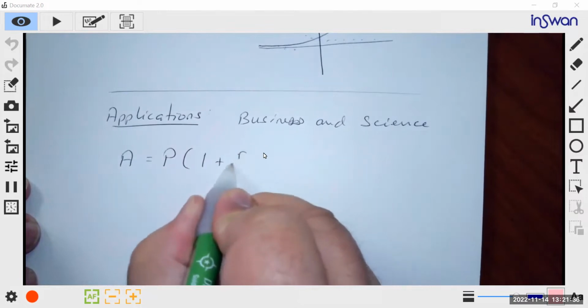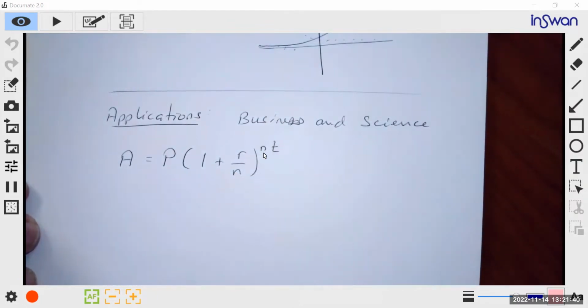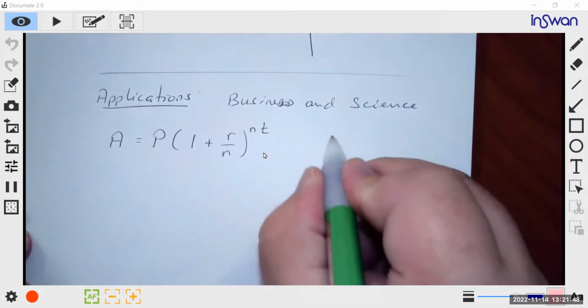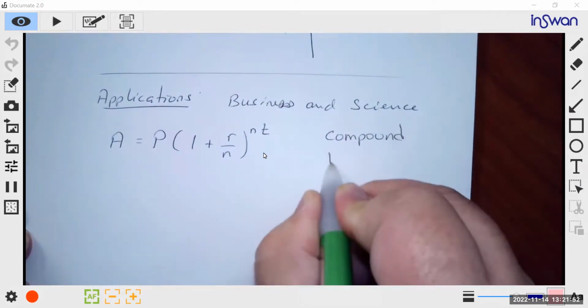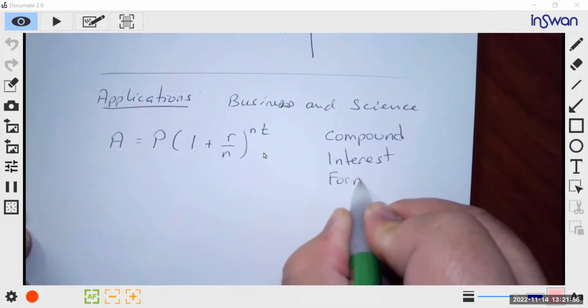If you ever take a business course or an accounting course, you'll see this formula a lot. Actually, if you're going to buy anything, you're going to see this formula a lot. This is called the compound interest formula.